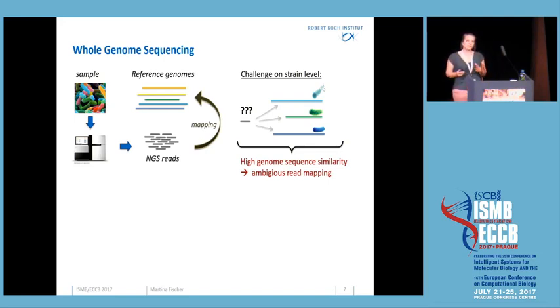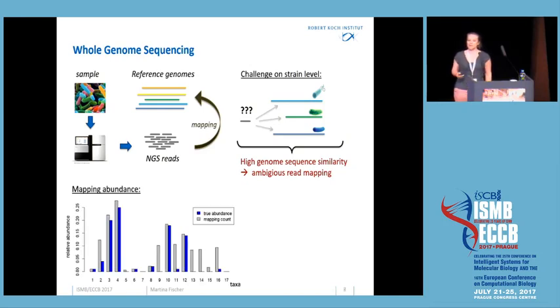So if we conduct a normal mapping approach and we simply count the number of read hits per reference genome, then this might be a mapping abundance result which we may observe on strain level. We have here in blue the true abundance proportions for the taxa in the set, and in gray we see the mapping counts we observe.